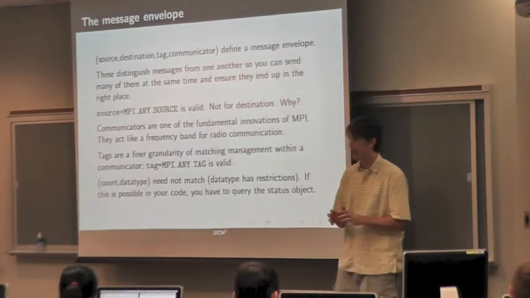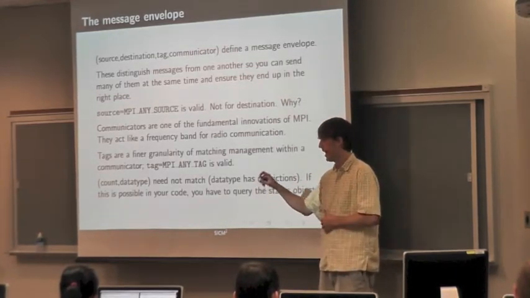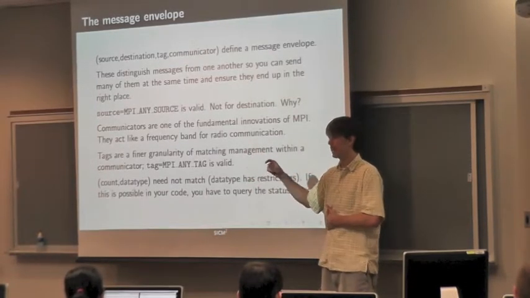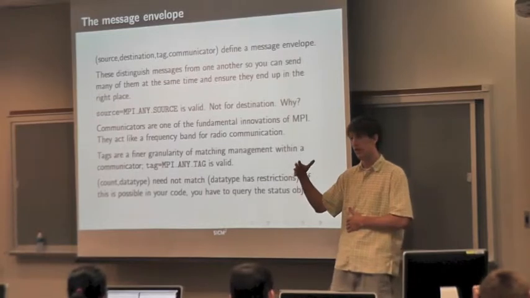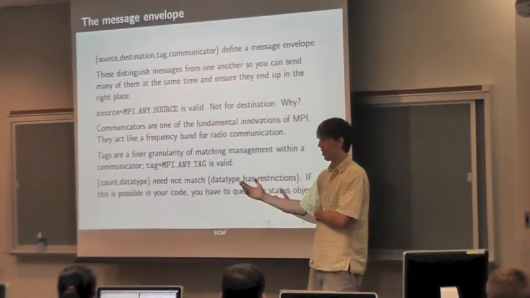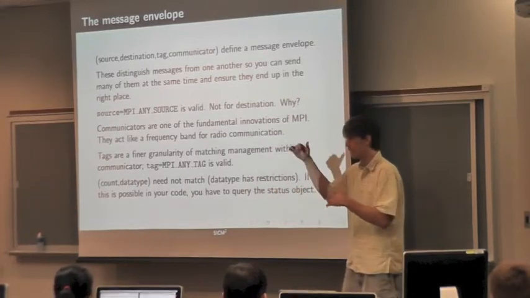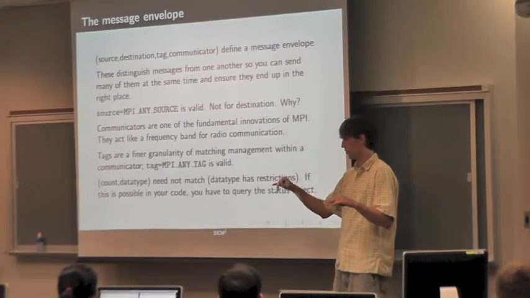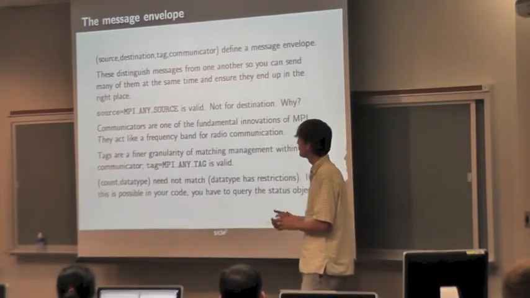Maybe I want to have the same communicator, but with tag water, tag sodium, and tag chloride. That means I can do a receive on water and know that I will only get messages that contain data about water molecules, so I won't accidentally insert coordinates of water molecules into the structure that holds the coordinates of sodium.